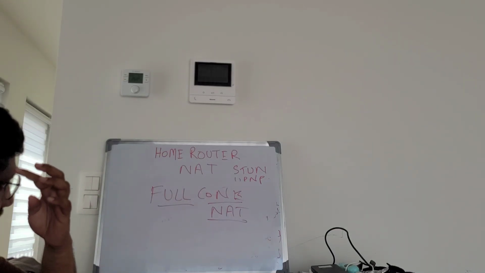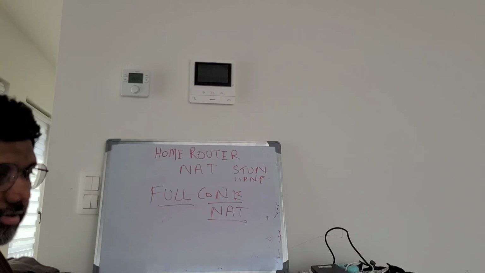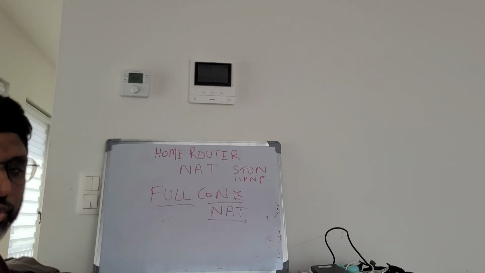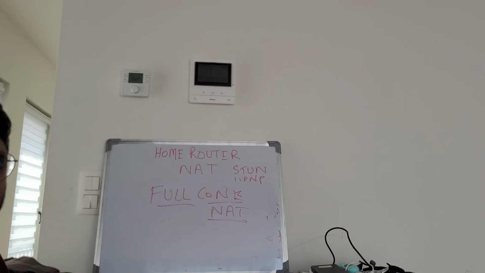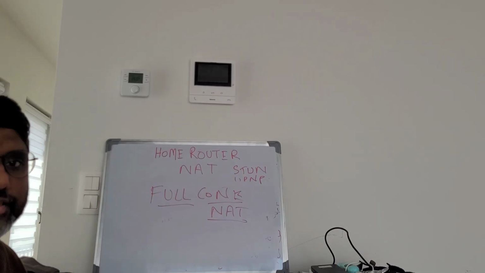Here each address is translated to a public IP address. External clients, for example, who want to contact you, need not wait for the clients behind the home router to send a packet. They can directly initiate a connection.